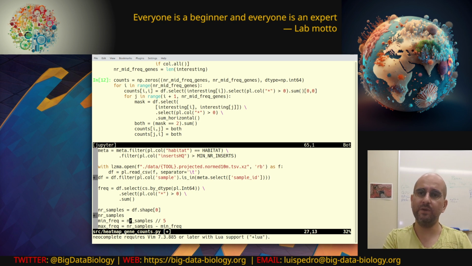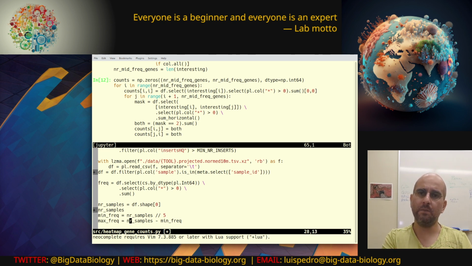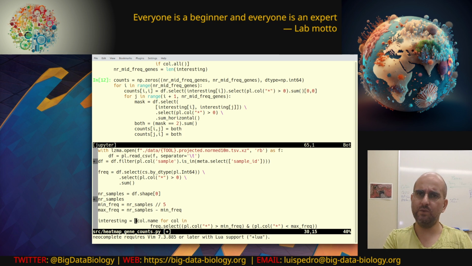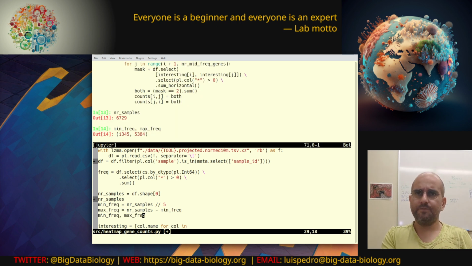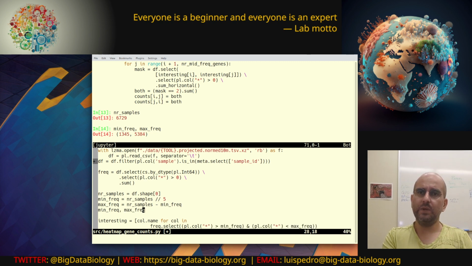Here we just divide by 5 and the maximum, using integer division so that the results are integers. We have about 6,700 samples, and we want genes that appear between 1,400 and 5,000 samples.